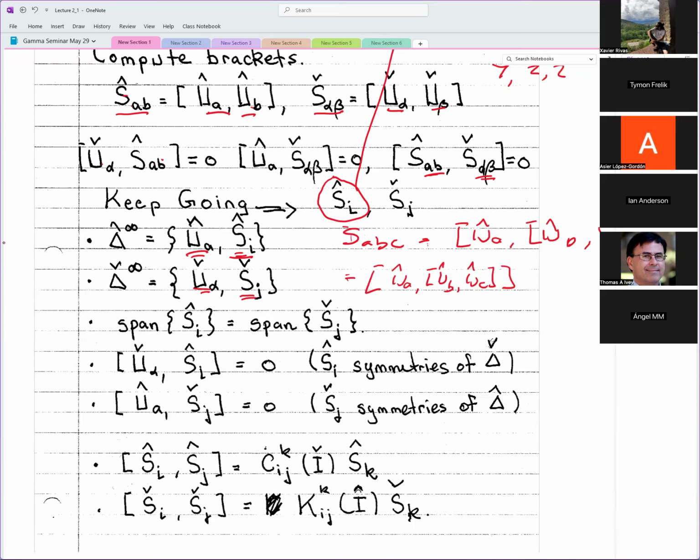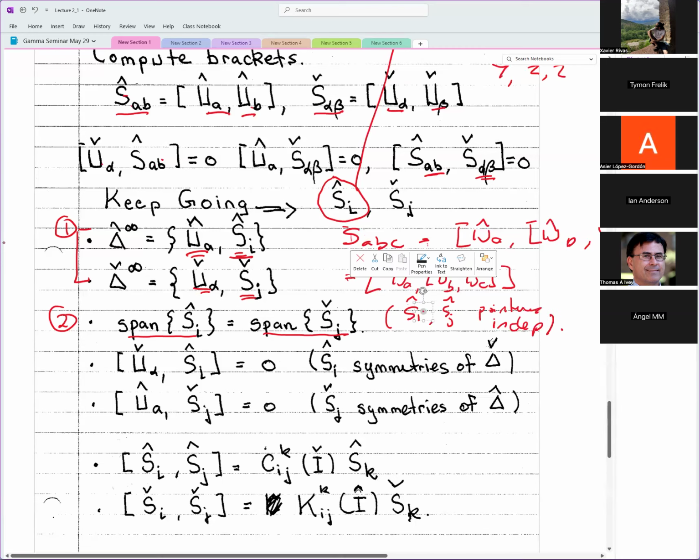The next property, so this is property number 1. Property number 2 is that the span of these vector fields are equal to the span of these vector fields. I also should point out that these vector fields S hat I and S check I are pointwise independent. That's really important.